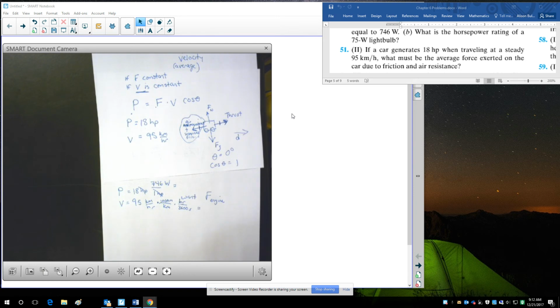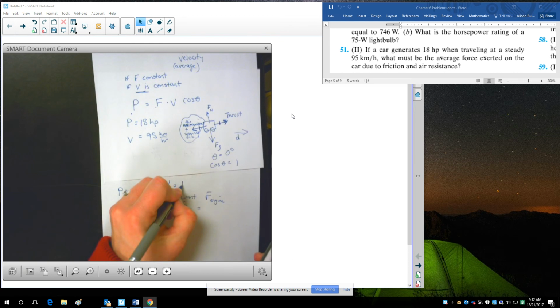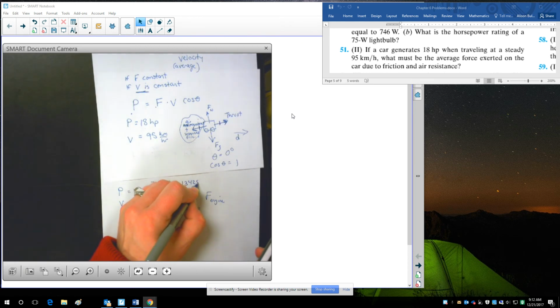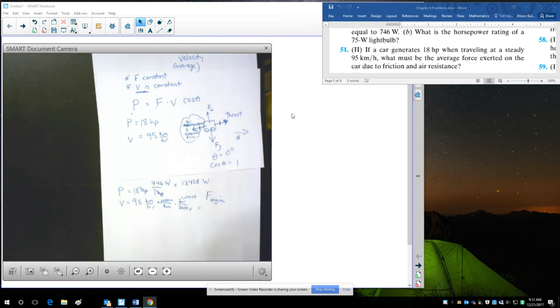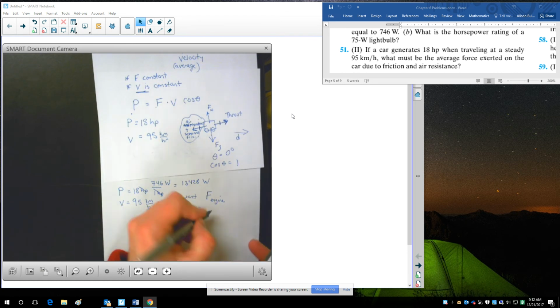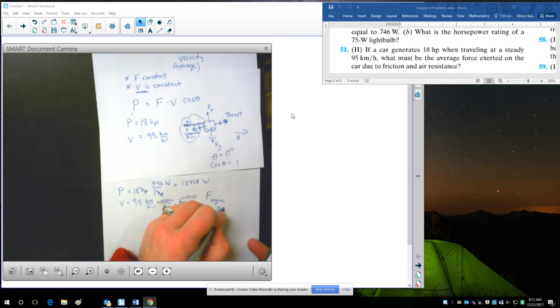So we've got 18 times 746, which is 13,428 watts, and 95 times 1,000 divided by 3,600 is 26.39 meters per second.